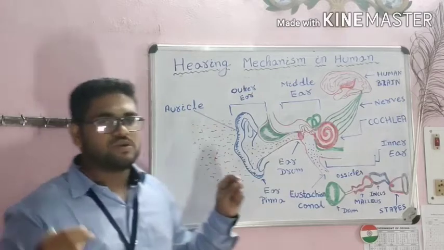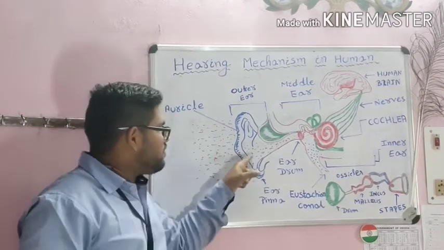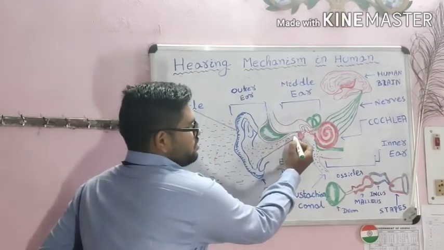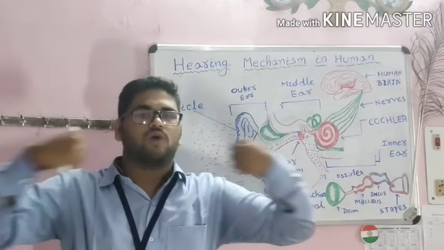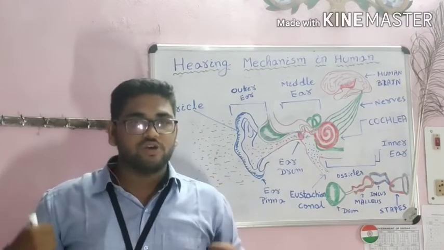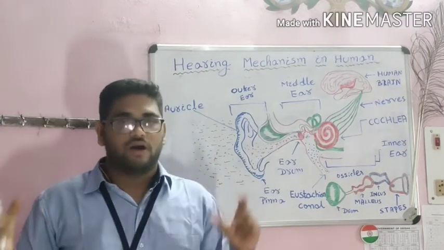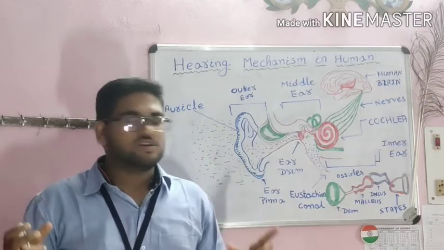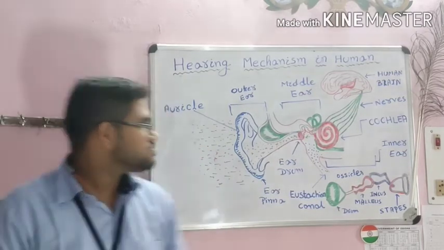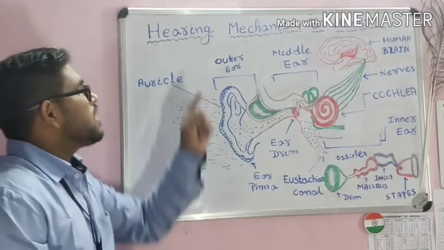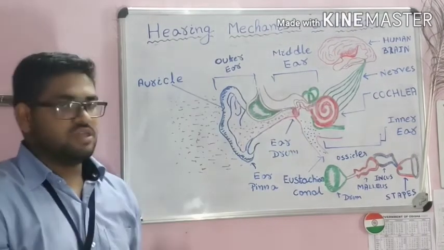And the sound waves are also coming from the outer ear. So they are present here from this direction, and this from that. So they will counteract one another. As a result, your eardrum will not collapse. That is the function of the Eustachian canal, which is open to our mouth. This is about the mechanism of hearing in humans.